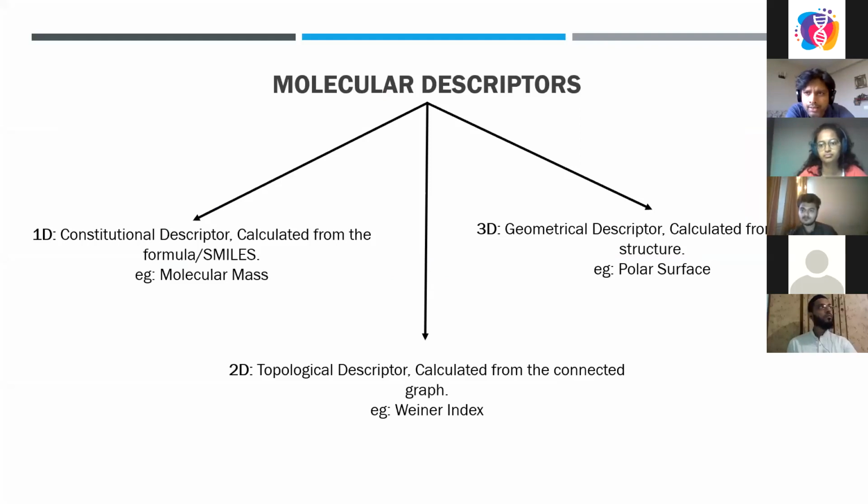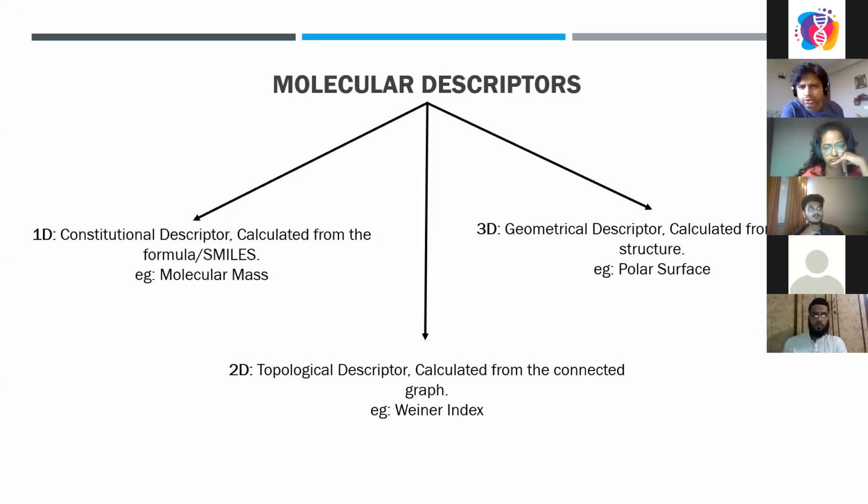Now, generally, these molecular descriptors are categorized into three classes: 1D, 2D, and 3D. One-dimensional descriptors are those that can be calculated directly from the formula.